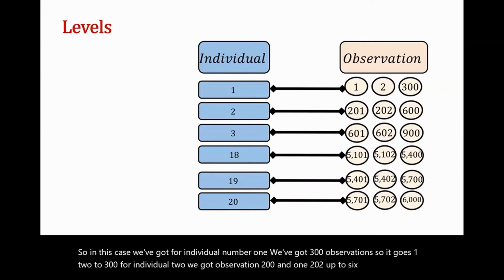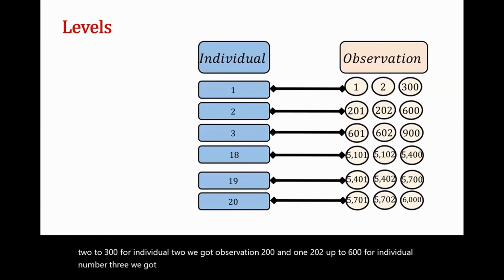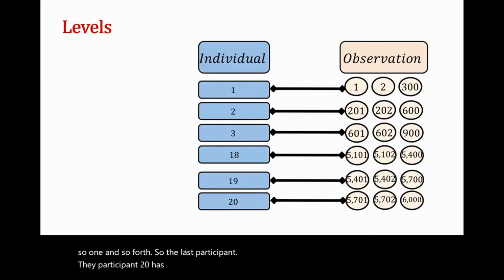For individual number 3, again 300 observations, 601, 602, up to 900, and so on and so forth. The last participant, 20, has observations 5,701 to 6,000.